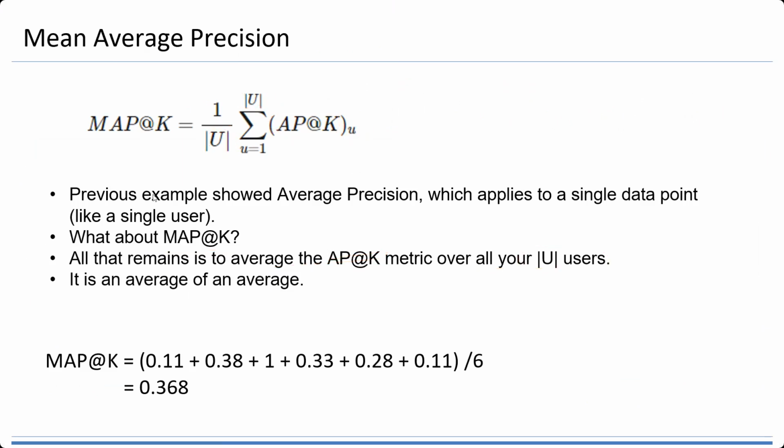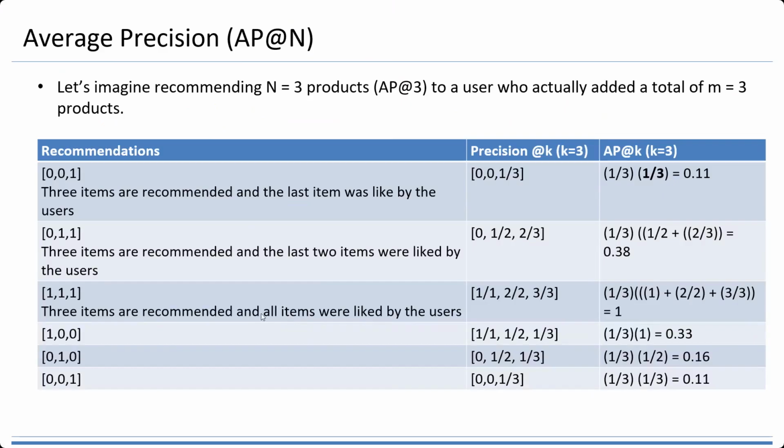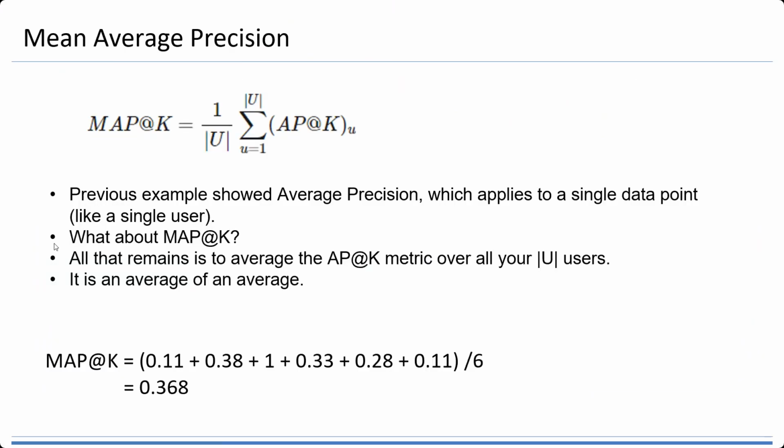As I mentioned, this is user 1 to user 6, so there are 6 users. Then we can just do the summation: 0.11 plus 0.38 plus 1 plus 0.23, 0.28 plus 0.11, divided by 6 users. So we will get the mean average precision 0.368.